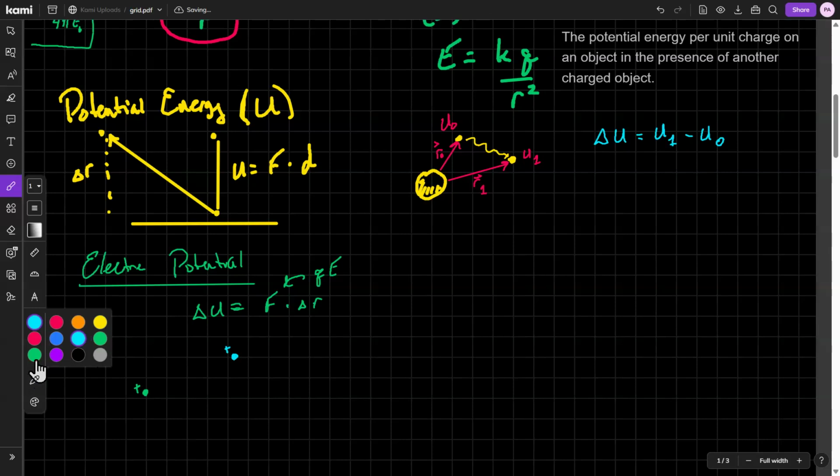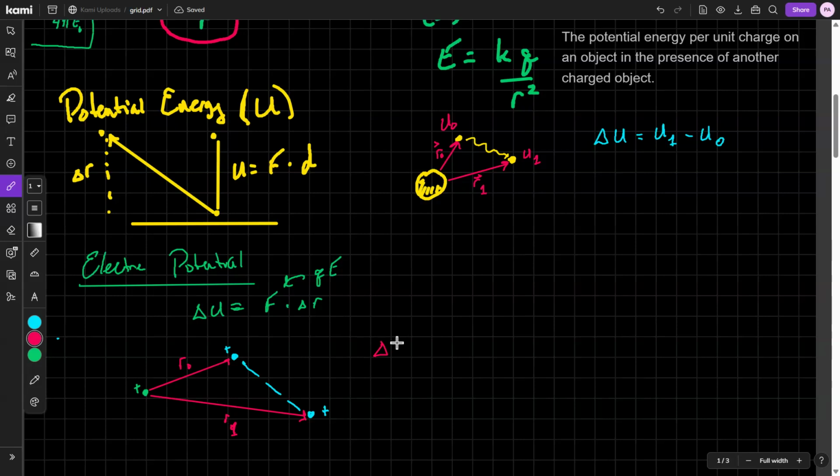Okay, if we move that charged particle away, then we have our first radius and our second radius, and we still have this R0 and R1.